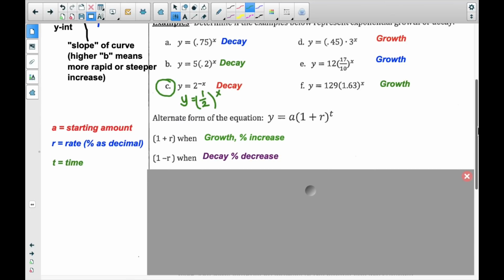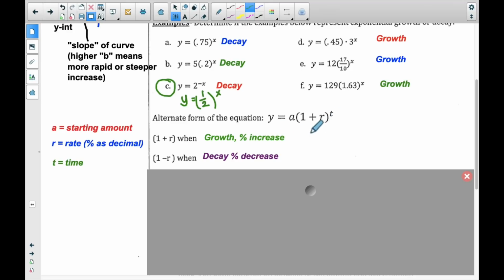All right, so this equation, y equals a times b to the x. That b, in this equation, this is another form of the equation, but we just changed it. Instead of calling it b, we're calling it 1 plus r to the t. And then this is a little bit more specific, and we'll talk about why it is 1 plus whatever.